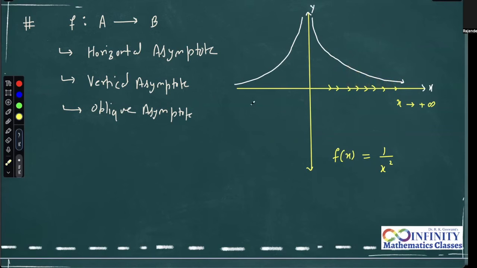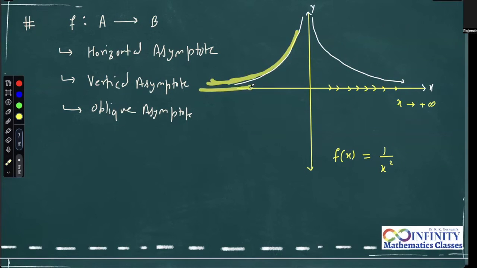Similarly, if you move to the left hand side, I will represent that as x tends to negative infinity. That means I'm on the extreme left hand side. Again, there is a branch of the graph which is trying to touch the x-axis, but it will never touch.